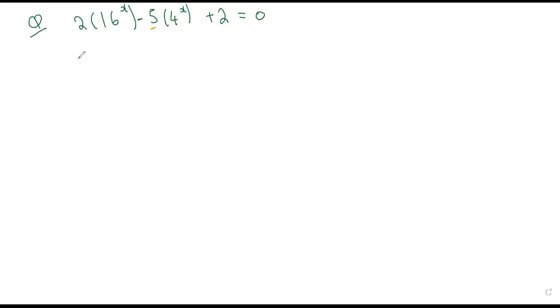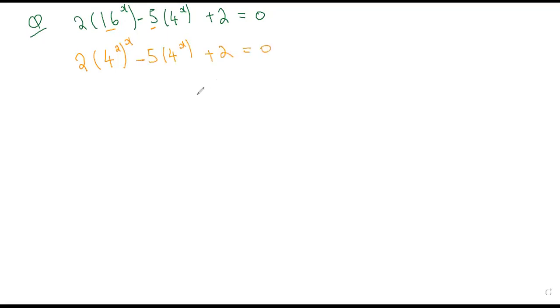So it is 2. Can I write 16 as something with base 4, 4 square, and then whole power x, right? Minus 5, 4 to the power x plus 2 equals 0.